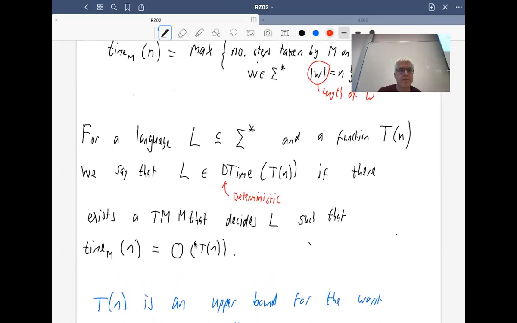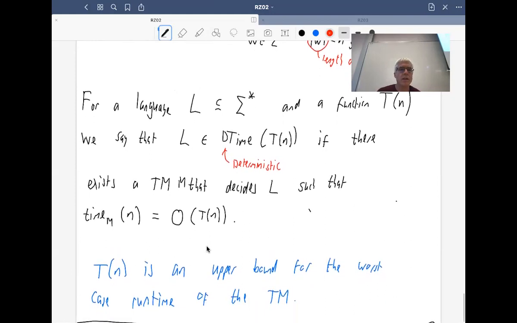So the difference before is that now we're not worrying about the zero case because we're using big O here. So big O of a function, as you'll remember from the first lecture and exercise classes, just means that eventually the function on the left is below a constant multiple of the function on the right.